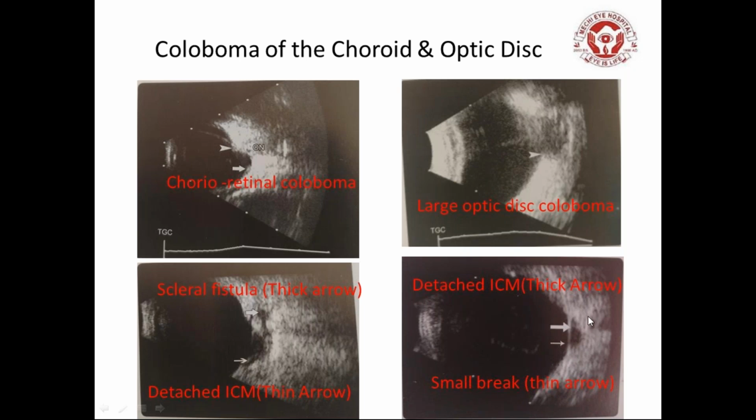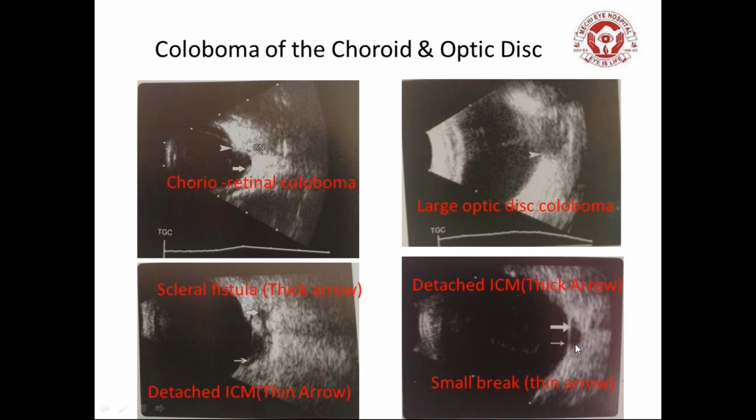In case of coloboma, we can find a membrane-like structure that is not tractional. This is a detached intercalary membrane, but in the intercalary membrane there are chances of retinal breaks at that point.